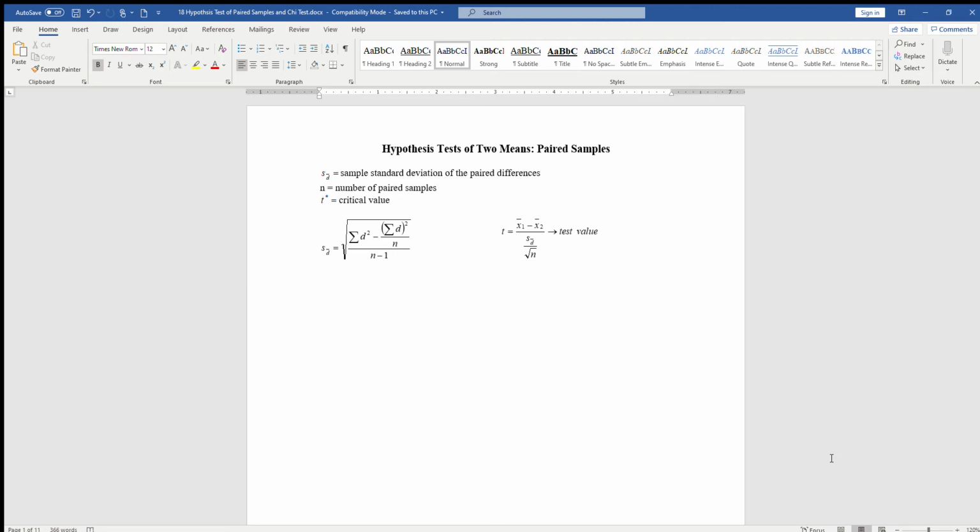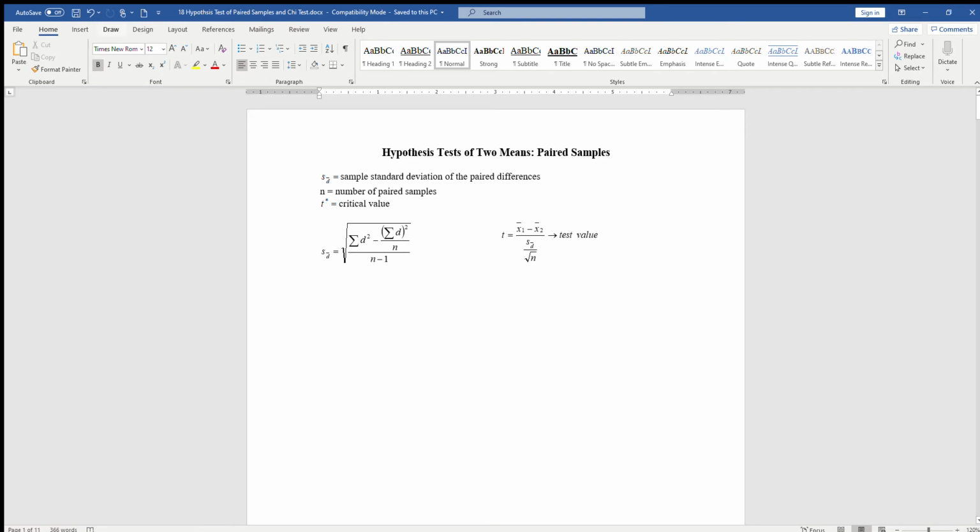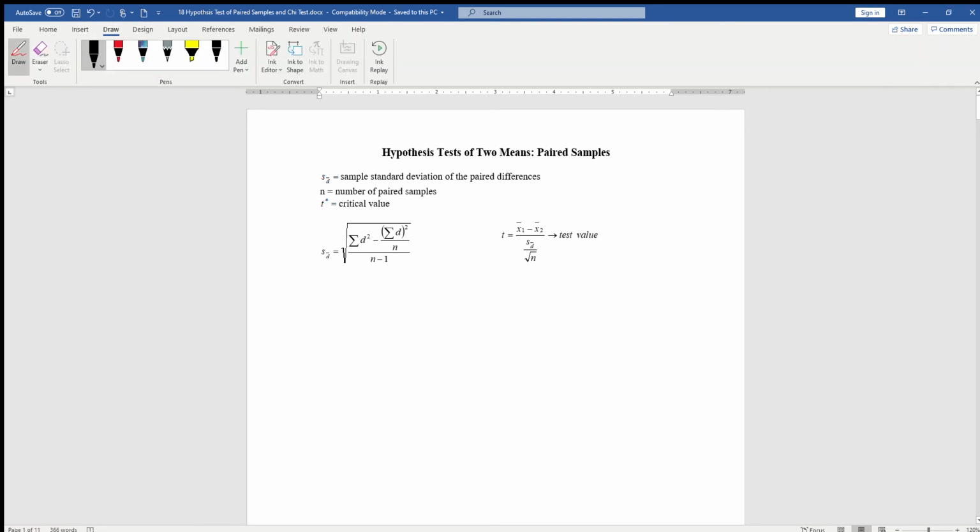For instance, let's say we wanted to test free recall before and after some sort of mnemonic technique. So let's say there's three people. Let's call them person 1, person 2, and person 3. And let's say that they're given a list of 20 items to recall. All right?